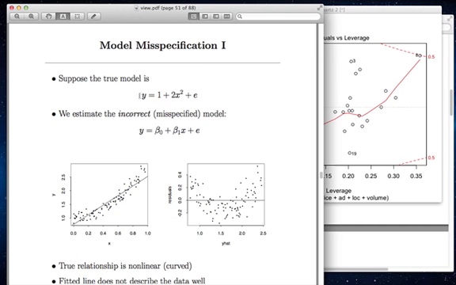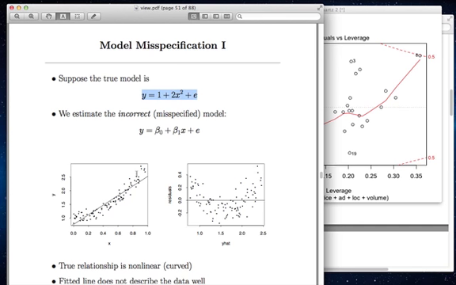I'm going to take a nonlinear model. Pretend that the true model is quadratic, so this is one arm of a parabola. Let's just take 1 plus 2x squared, and I've generated some data from this model. I've added some errors, and you'll notice that the scatter plot basically follows the right arm of a parabola.